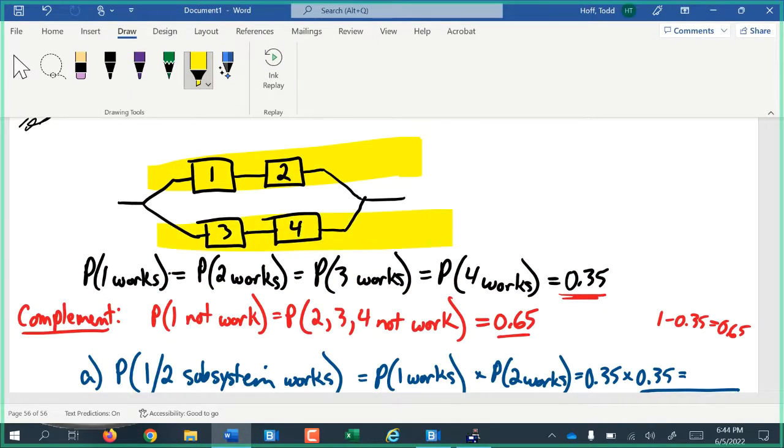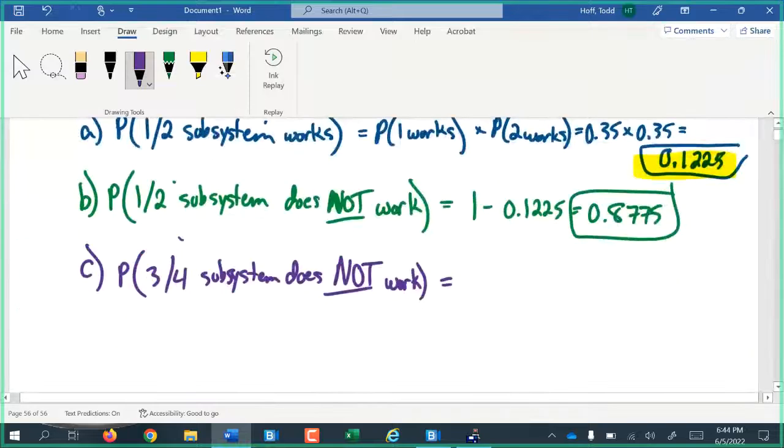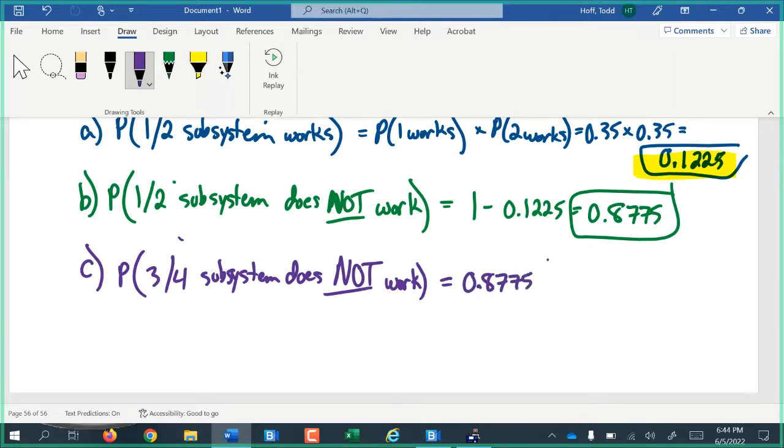The 3-4 is in series, both with a probability of 0.35. So the probability of the 3-4 subsystem working is the same as the probability of the 1-2 subsystem working, and the probability of them not working is the same. So the probability that that would not work is also 0.8775. That's not part C, that's actually just the second part of part B. So part B had 2 questions there. Now we'll move on to part C.